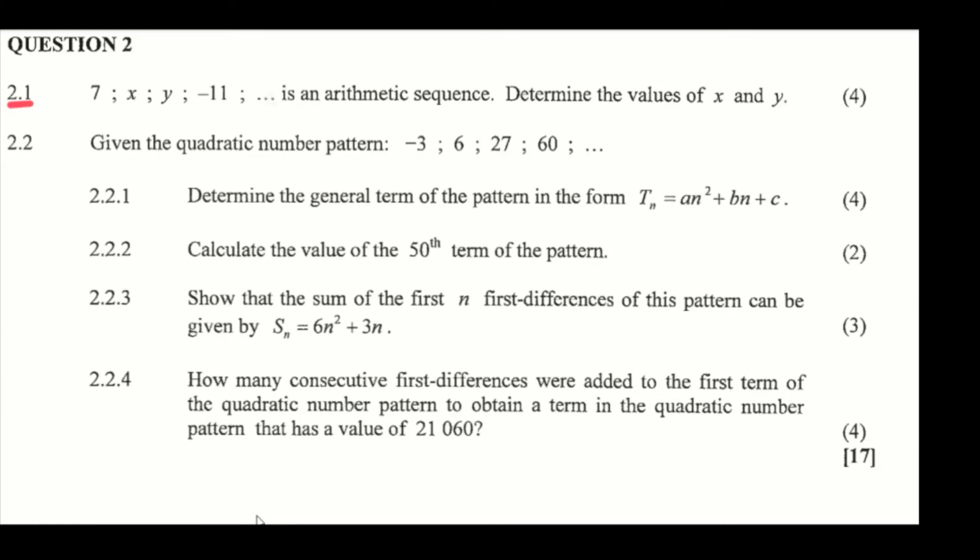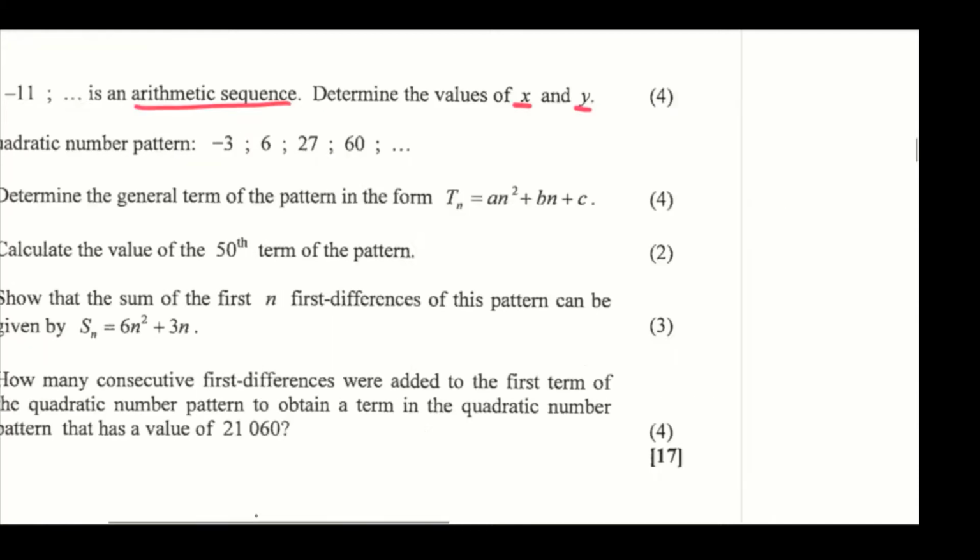2.1 says that we are given a sequence of 7, x, y, minus 11, which is said to be an arithmetic sequence. So we are asked to determine the value of x and y. We are told that this is an arithmetic sequence.